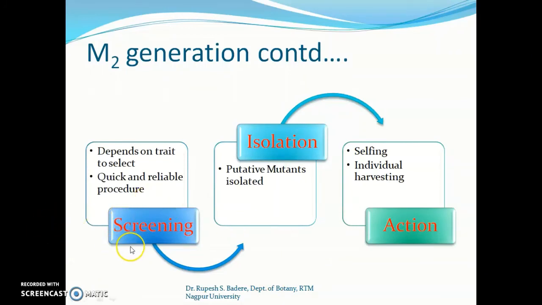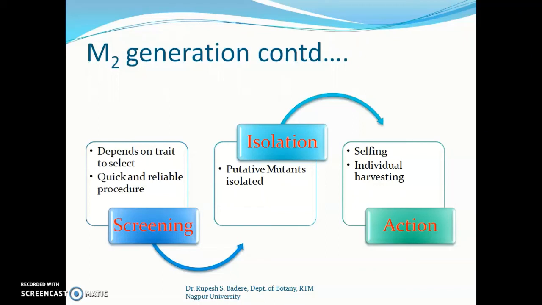So for screening you have to use some technique, and what technique you are going to use depends on the trait. If it is a morphological trait, then it is simple, only visual observation will do. But if it is some biochemical character, then you need to have a quick and reliable procedure to screen that biochemical mutation.